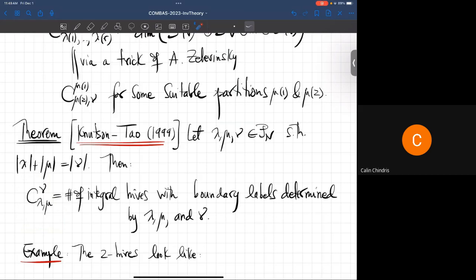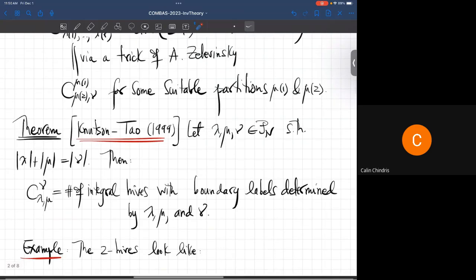And the good thing is that this polytope can be easily visualized. You can draw it geometrically, and it is known as the hive polytope.